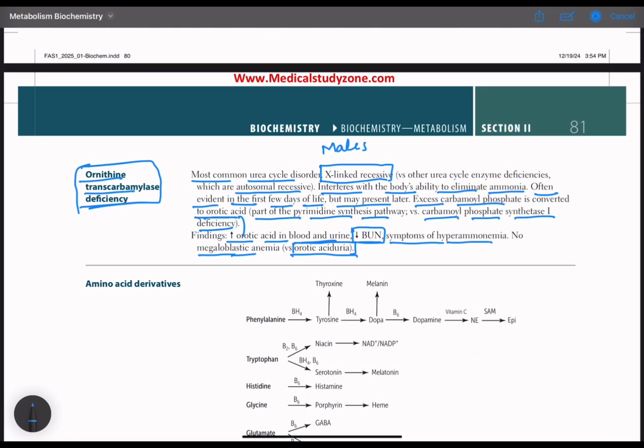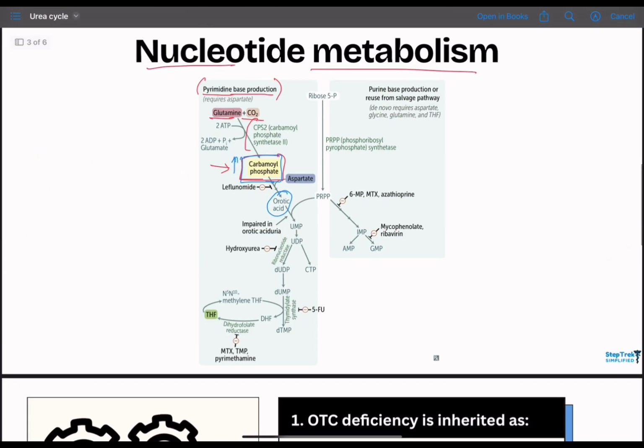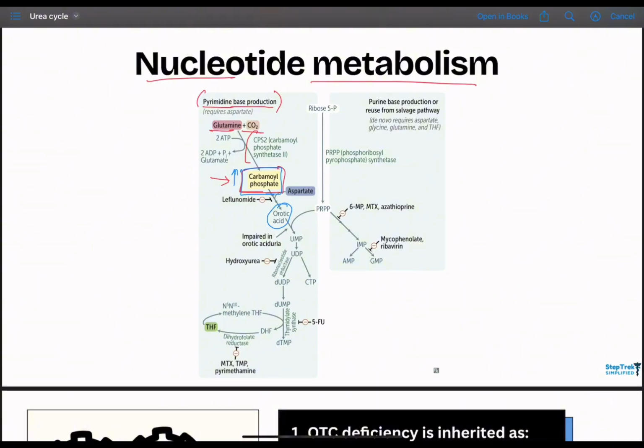Now, ornithine transcarbamylase deficiency is often confused with another disorder, a disorder of pyrimidine synthesis or metabolism, in which orotic acid combines with phosphoribosyl pyrophosphate to form UMP, uridine monophosphate, and the enzyme carrying out this reaction is UMP synthetase, which is absent or impaired in orotic aciduria. So in orotic aciduria, we will also have high levels of orotic acid.